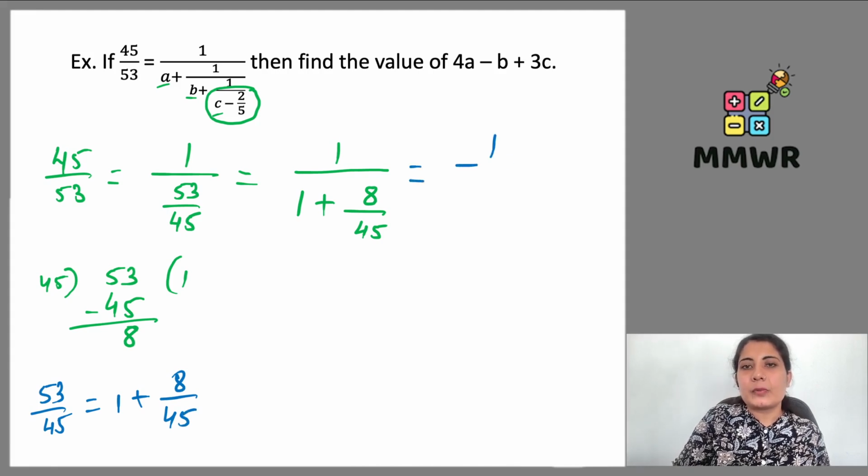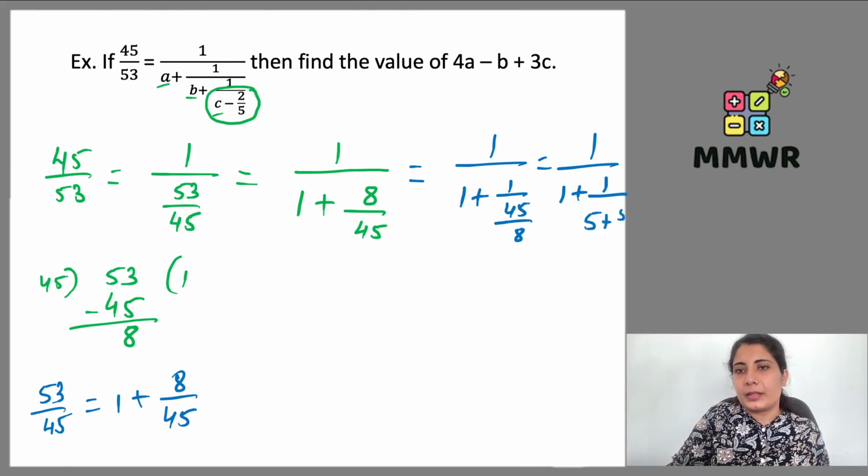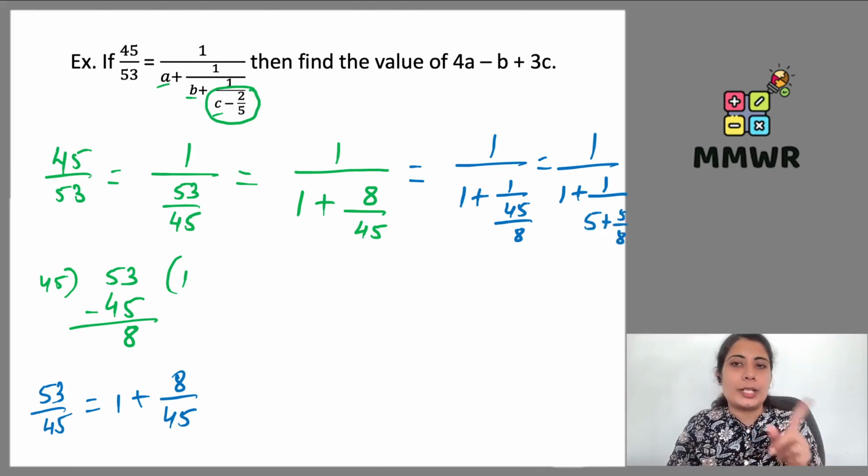Now the next step is 1 plus 8 upon 45 can be written as 45 upon 8. So 1 upon 1 plus 1 upon 45 divided by 8 gives me 8 fives are 40. So 40 plus 5, 45 upon 8.